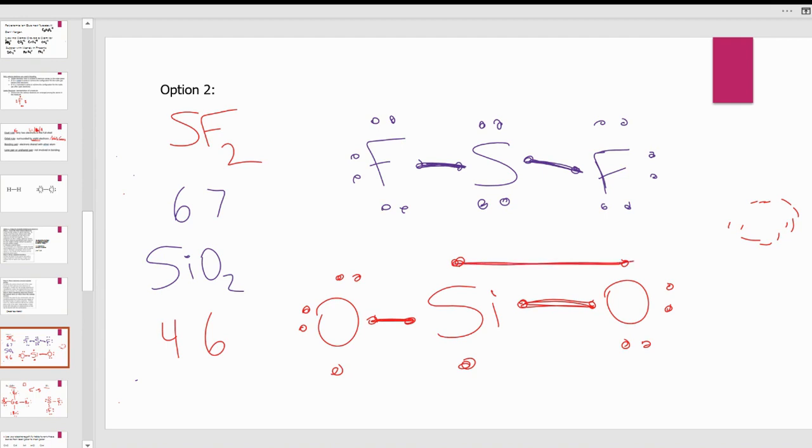There are 2 bonds between the oxygen and the silicon, and there are 2 bonds between the other oxygen and the silicon. These are called double bonds. These are called single bonds.